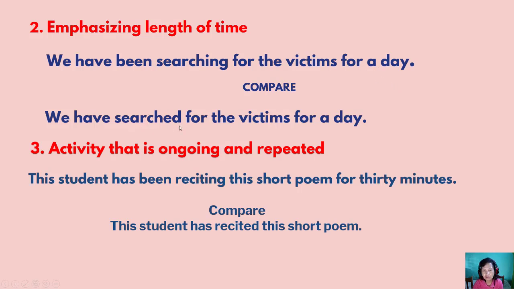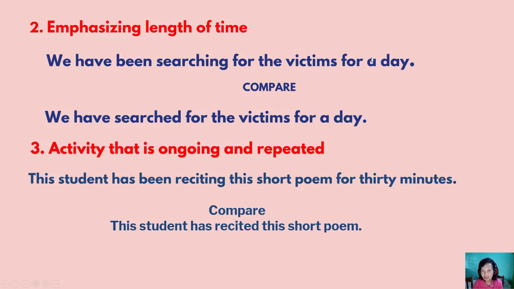While for "we have searched for the victims for a day," simple present perfect, we state or we inform the completed action with this duration. So that is the difference. Again, I want to repeat this.